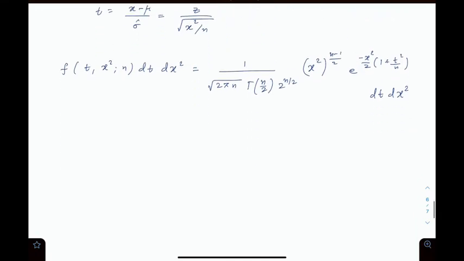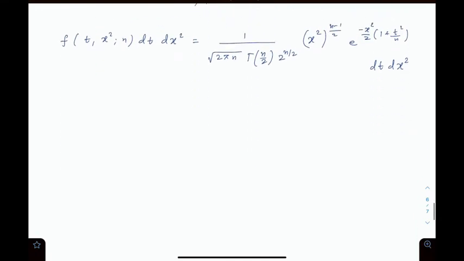From this joint PDF, we can get the marginal PDF for t by integrating over all chi-square, and that is what leads us to the student's t distribution.